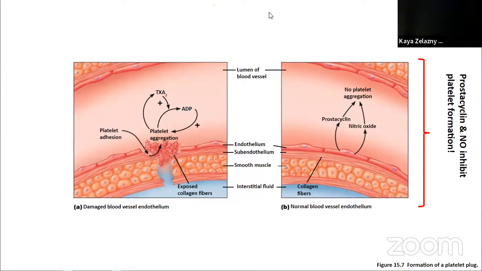And the figure will come up eventually. Okay. So the figure that I'm talking about is this one on the left.